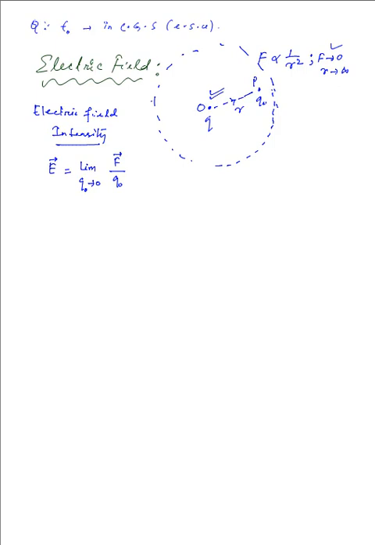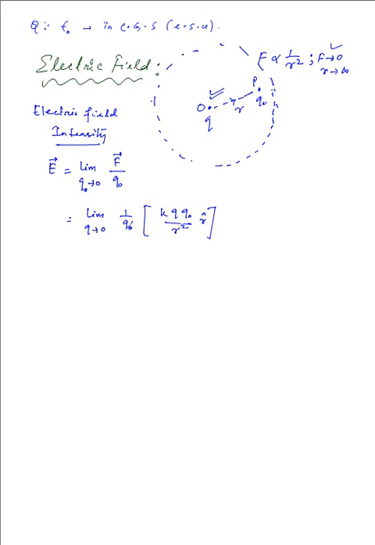If we are placing a positive test charge over there, then the electric field is obviously acting away from the given charge at the point O. If we take this equation into consideration, we'll have 1 over Q naught, and for the expression of force we have K Q Q naught over r squared, r hat being the unit vector along the direction of the position vector of the point with respect to the charge Q.